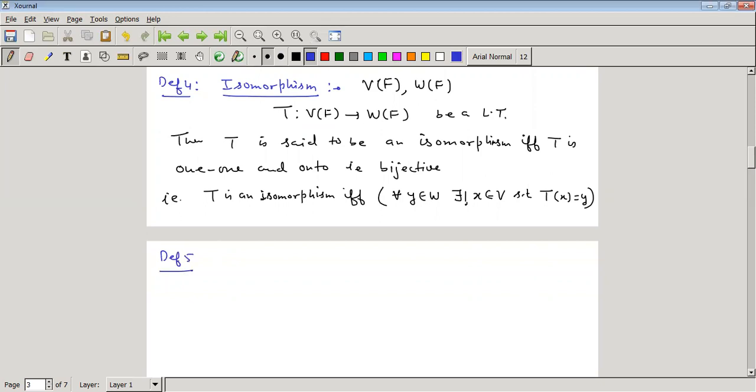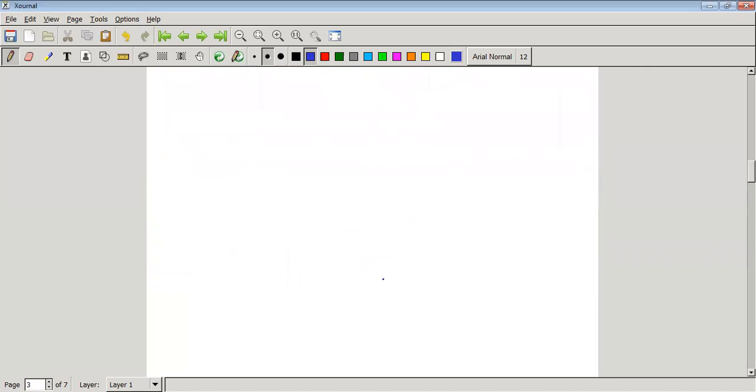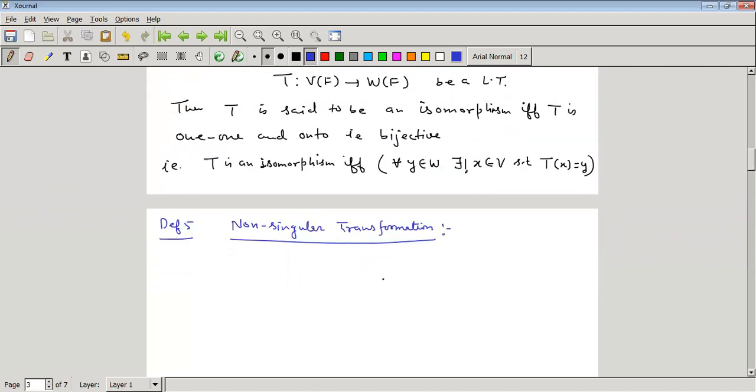Definition number 5, non-singular transformation. We know that every linear transformation can be written in terms of a matrix, and every matrix can be written in terms of a linear transformation.